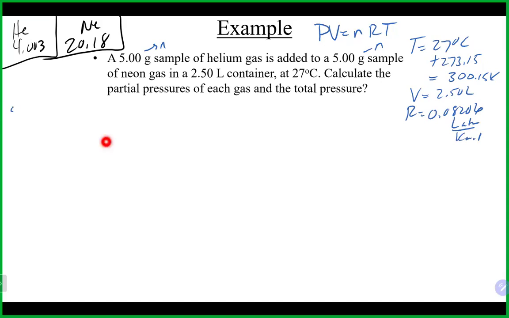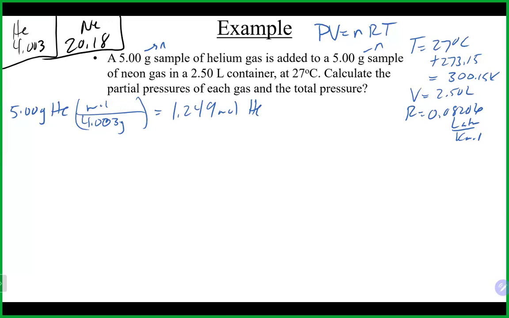So we'll go 5 grams of helium. We'll use the molar mass from the periodic table for helium, 4.003 grams per mole. That's going to get us 1.249 moles of helium.